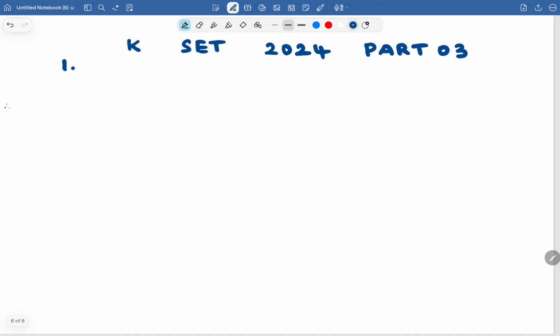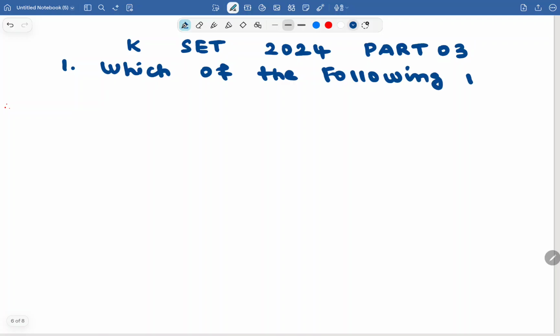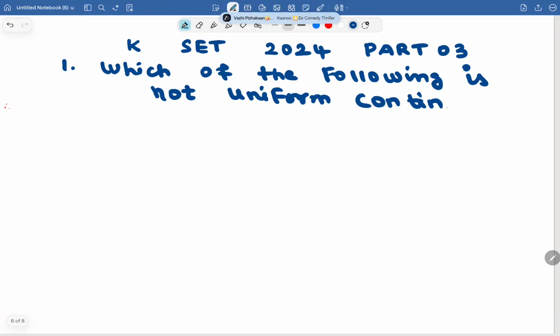Today the problem discussion. The first one is: which of the following is not uniform continuous on the open interval (0, 1)?